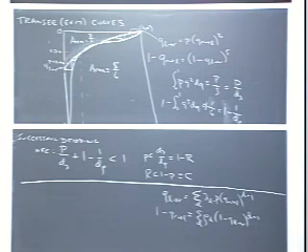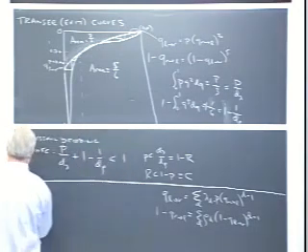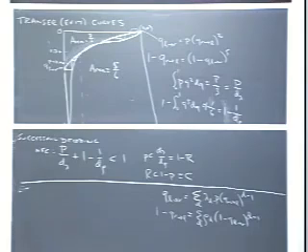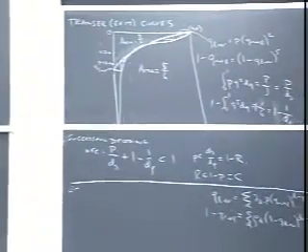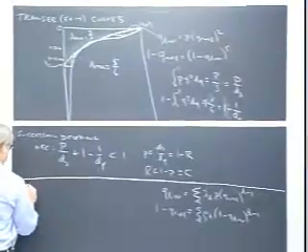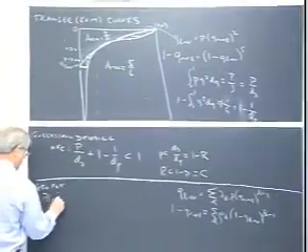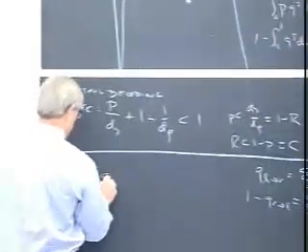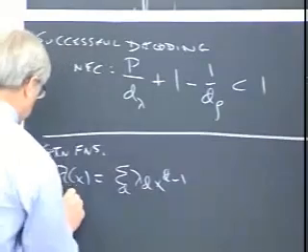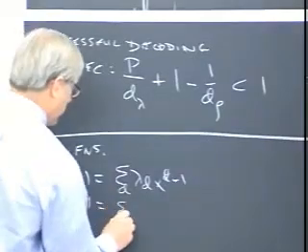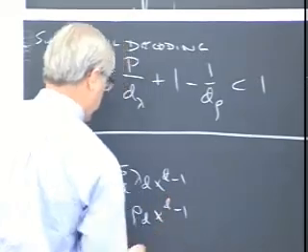Okay, and this is elegantly done if we define generating functions. Let me do that over here. I've lost it now, so I'll do it over here. So what you'll see in the literature is generating functions defined as lambda of x equals sum over d of lambda d x to the d minus 1, and rho of x equals sum over d of rho d x to the d minus 1.